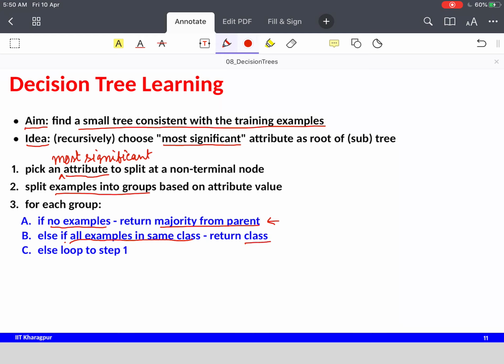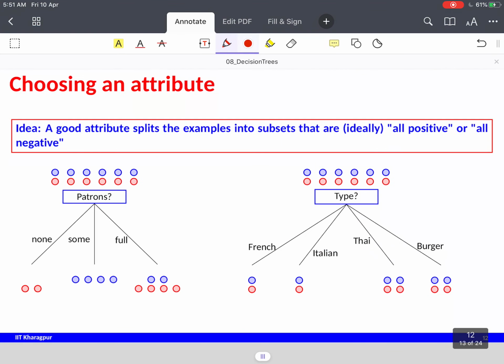And if all the examples fall in the same class, that means all are either yes or no, then I simply return the yes class or the no class. If it is mixed, like I have some yes class and some no class, then I go back to step 1 and continue that process.